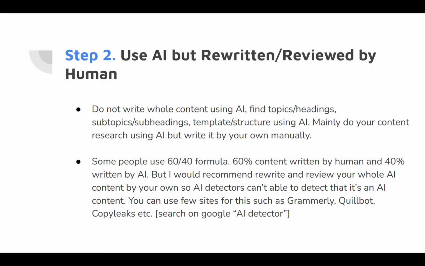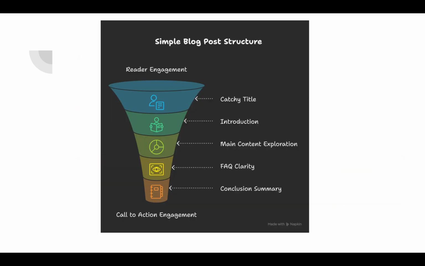So this is the summary of this content. You can use a few sites for this, such as Grammarly, Quillbot, Copyleaks. These are AI detectors, or you can make AI content on these websites as well. So try these sites. This is a simple blog post format. You can ask AI to create a format for you.